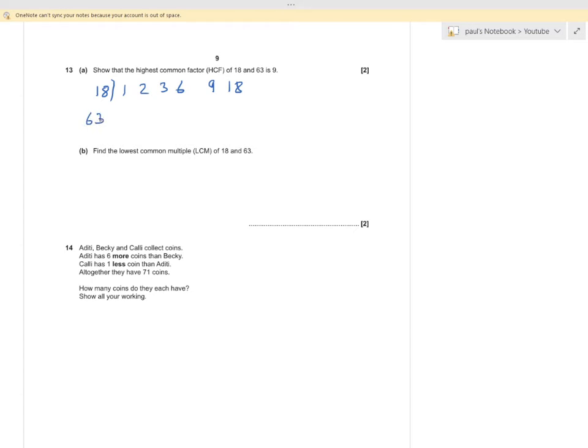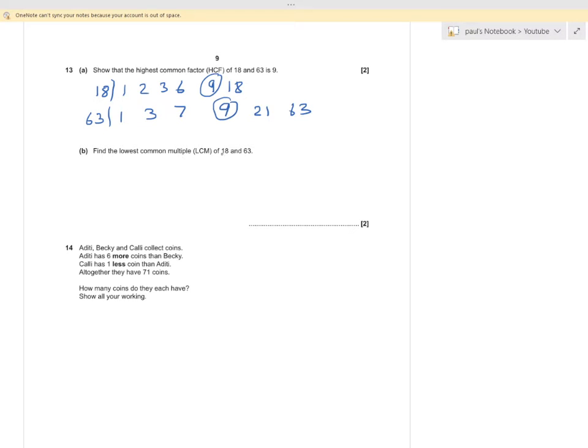All the factors of 63 are 1 times 63, 3 times 21, and 63 divided by 9 is 7, so 7 times 9. 63 divided by 6 doesn't go. The highest common factor there is the 9.